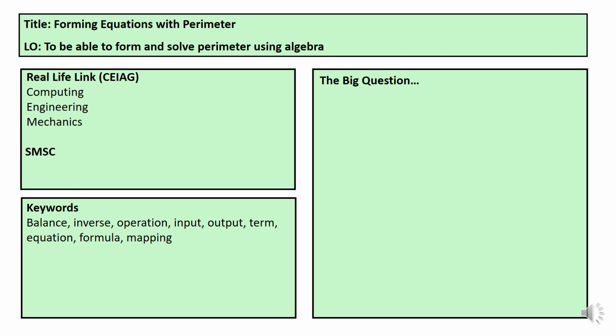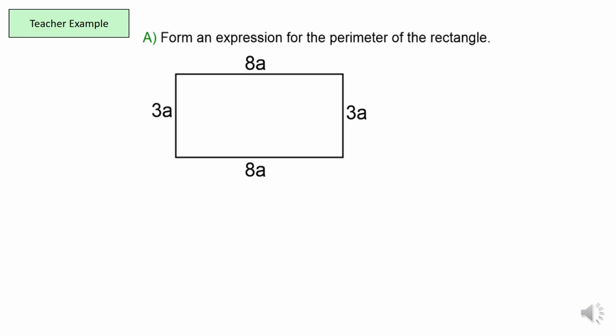Keywords, more focusing on the algebra side than the shapes and length side. So to start off with an example, let's have a look at this shape here. First thing you'll notice is that rather than having numbers in centimeters or millimeters or meters, we've just been given terms. The horizontal sides are 8a and the shorter vertical sides are 3a.